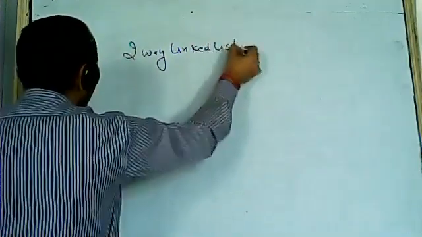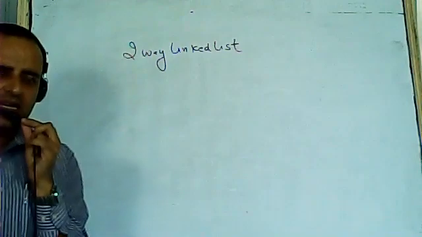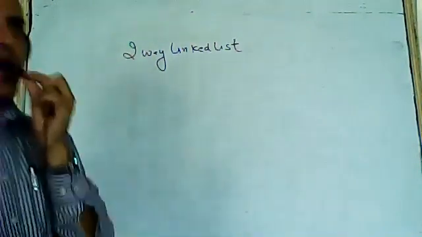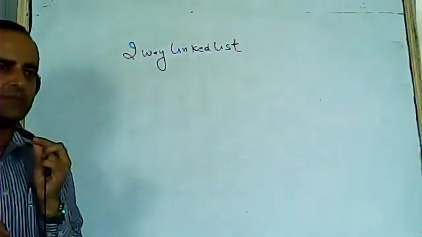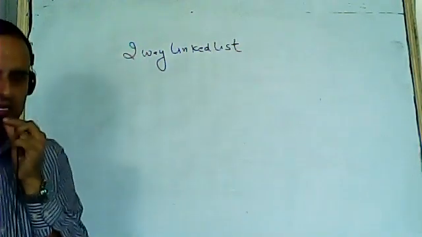The title is two-way linked list. The linked list we were doing till now was one-way linked list because it was moving in one direction only. Start, next, null. Yes or no?